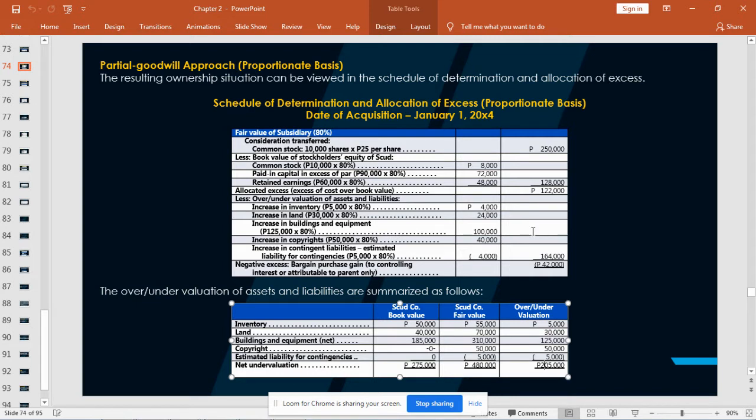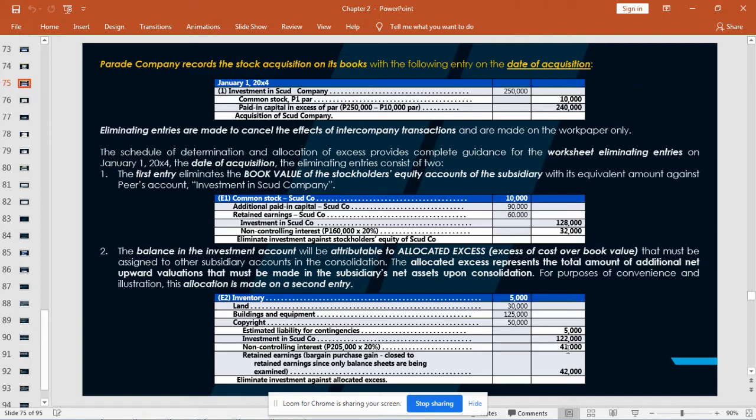Okay. So, yung 122,000 pala, yan, dahil nga mas malaki yung ating valuation versus dun sa allocated excess natin, we have a bargain purchase gain, right?